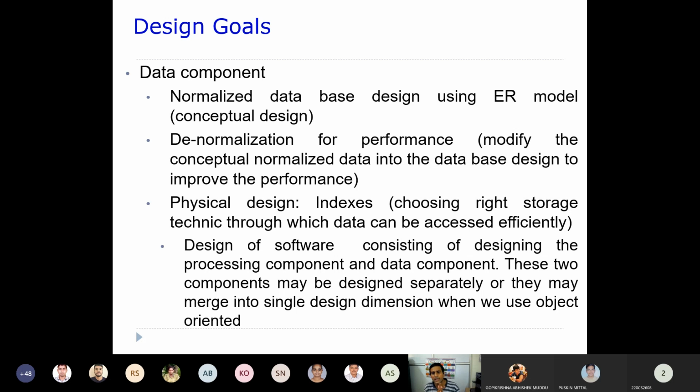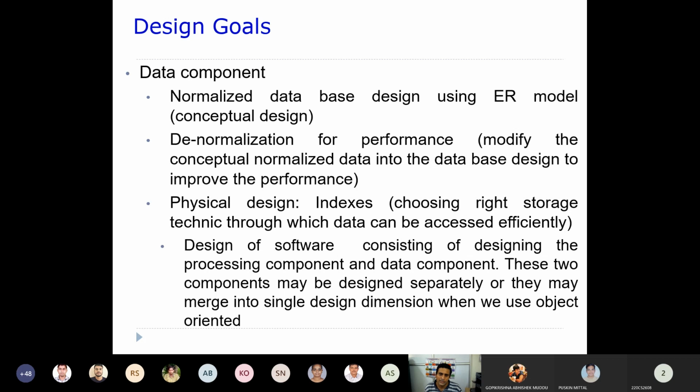And then you will have a physical design. Once you have got the database design, you will have to have a physical design of your database, where you will be choosing the right storage technique through which data can be accessed efficiently, right?